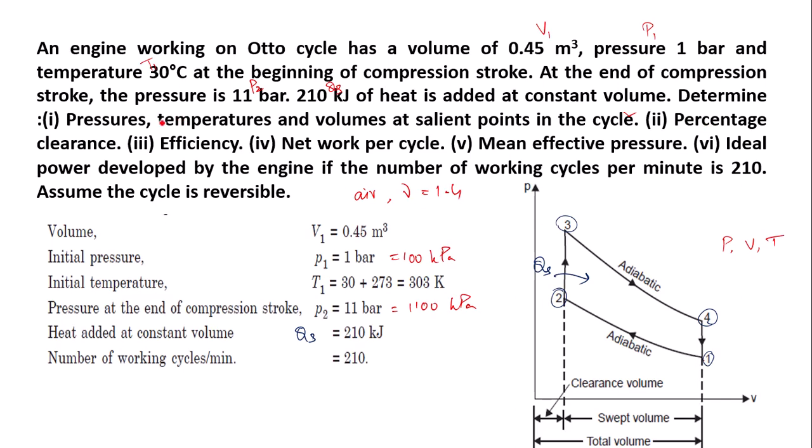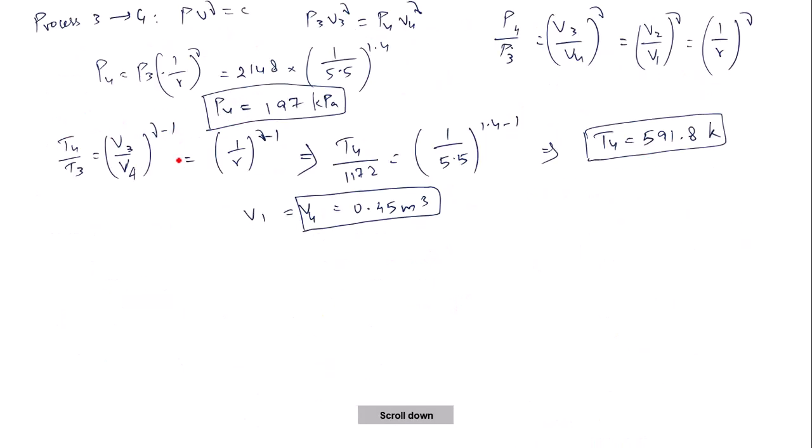The percentage clearance. So what we need to do is estimate the clearance volume as a percentage of the swept volume. Okay. So percentage clearance is equal to VC by VS into 100. Okay. So VC can be written as V2, right?